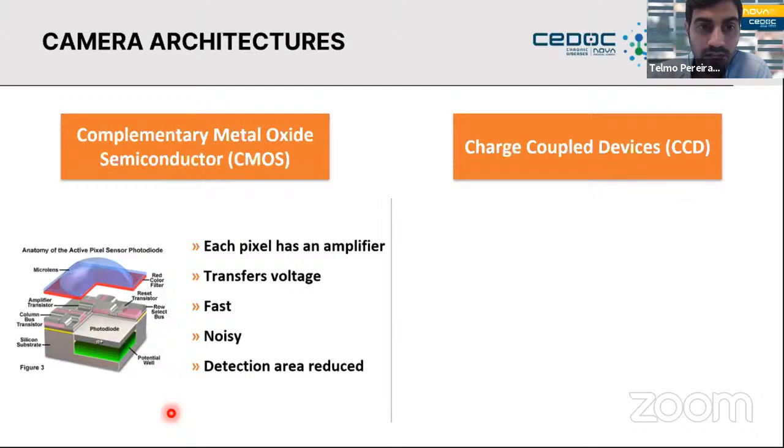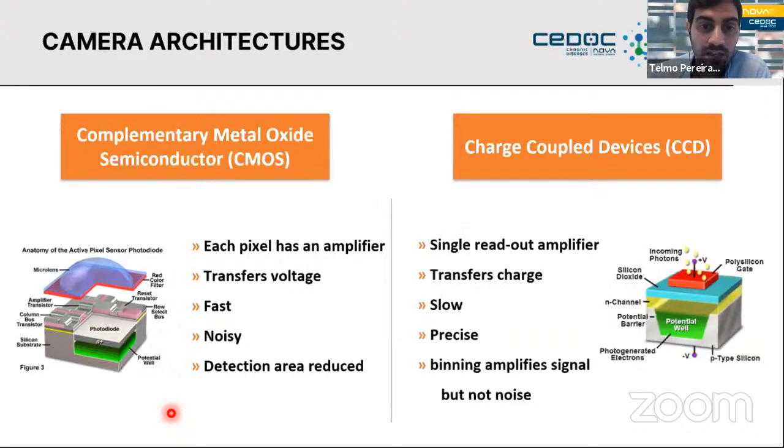In another technology, the charge coupled devices, or CCDs, they only have one readout amplifier. So the signal is only read once. You don't read each pixel, you read only after all pixels have acquired some potential. They transfer the charge and not the voltage.